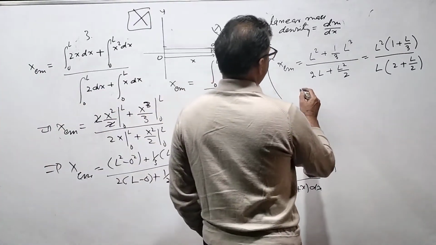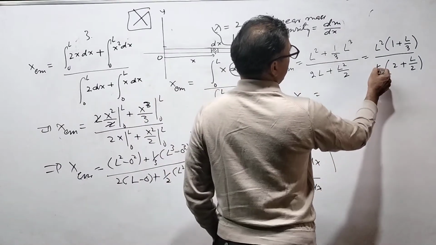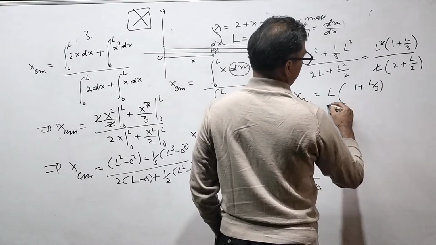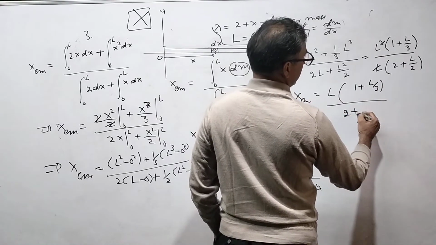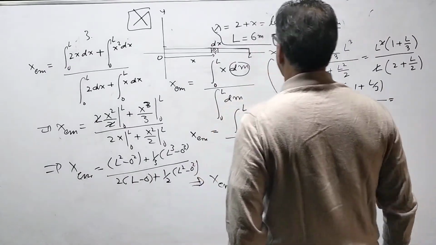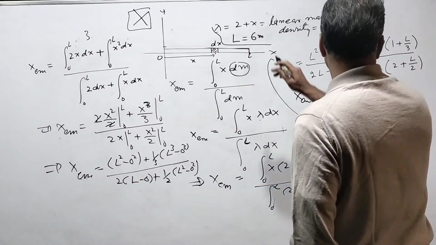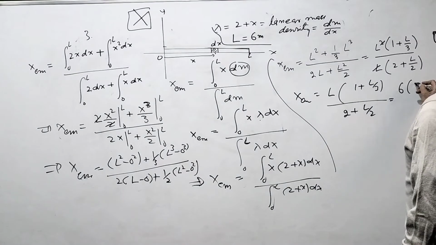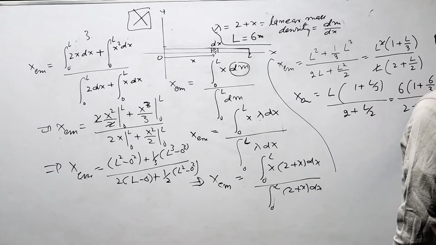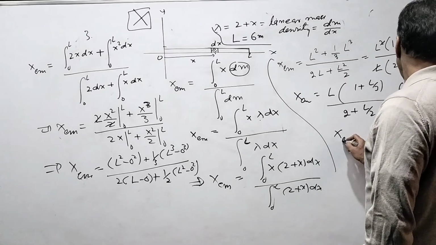Okay, now xcm is equal to L (1 plus L by 3) divided by (2 plus L by 2), after the common factor cancels. Now L we already know is 6 meters, so it is 6 into (1 plus 6 by 3) divided by (2 plus 6 by 2).